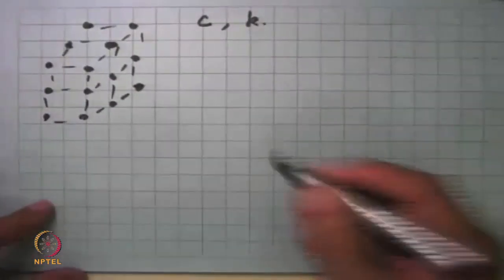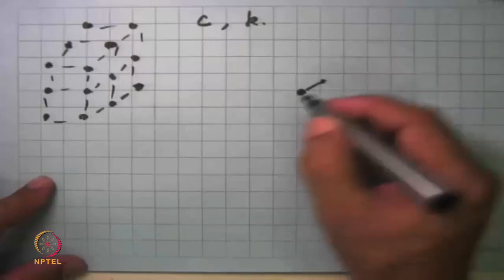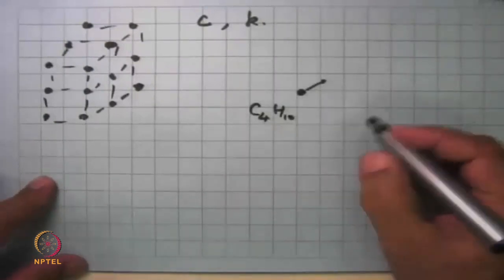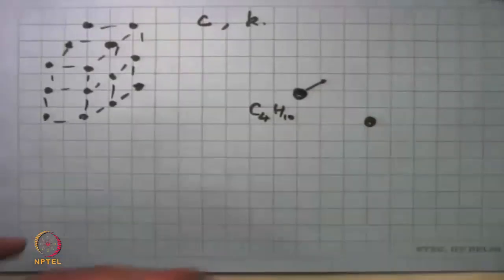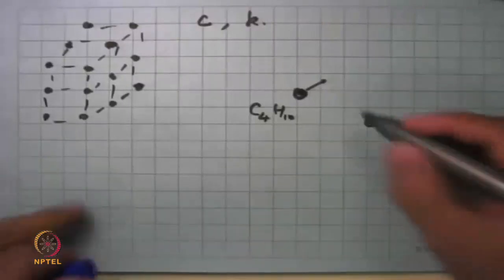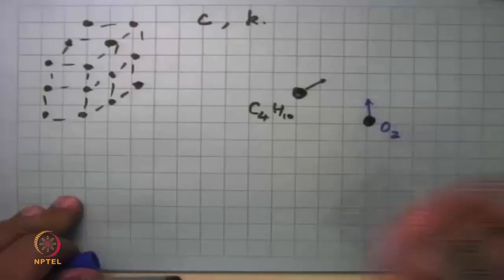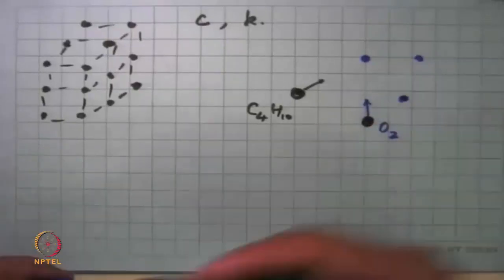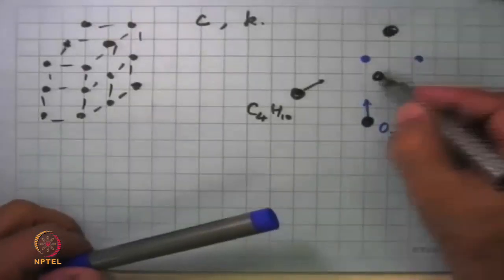Okay, let's take a second question of a chemical reaction. There is a molecule, say of butane, C4H10, your LPG gas, and another molecule of air, say oxygen. And like this, there are many oxygen molecules roaming around, and there are many of butane.